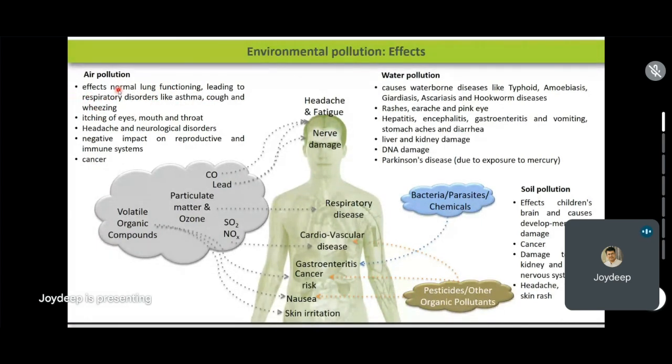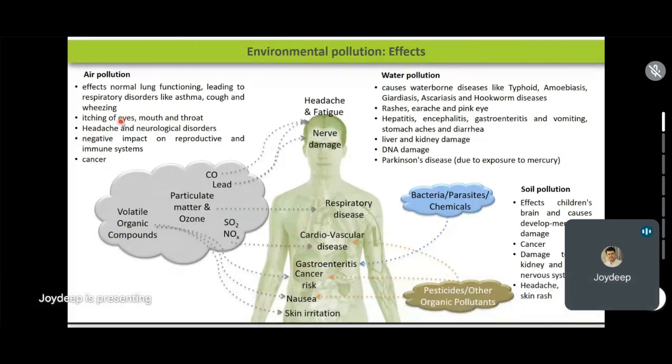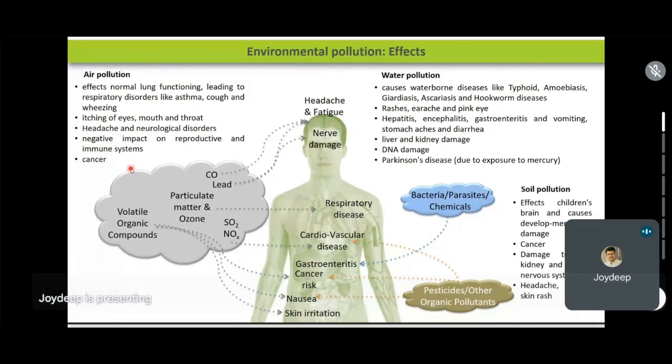We are all very much aware of this cough and wheezing, itching of eyes, especially in heavily polluted cities, in the esophageal tract, eyes, headache, and neurological disorders have been reported to increase over the last many years, and it also negatively impacts the reproductive and immune system of human beings. And of course, cancer is always associated with this kind of unhealthy environment.